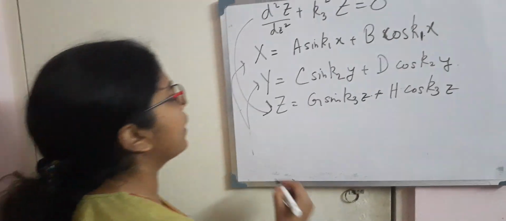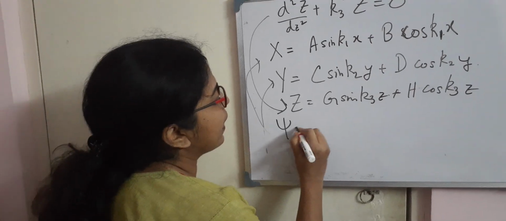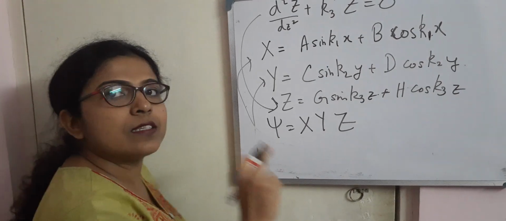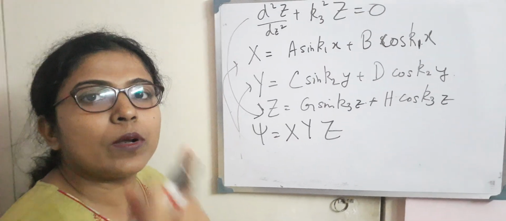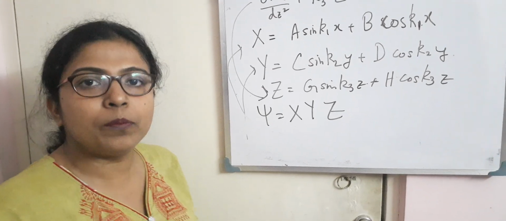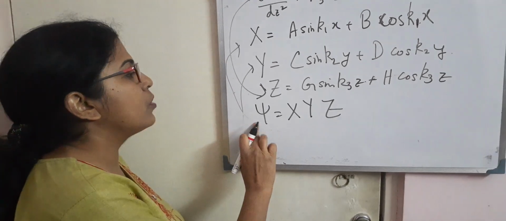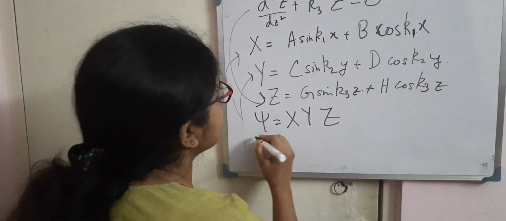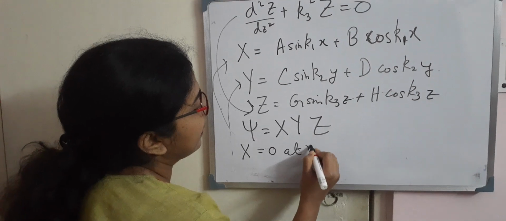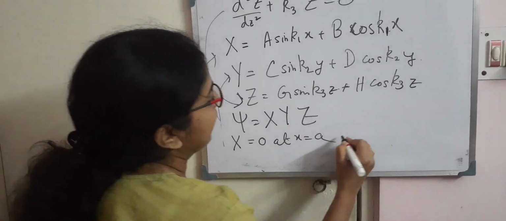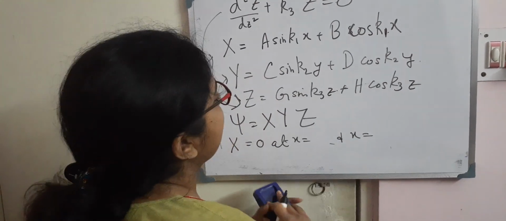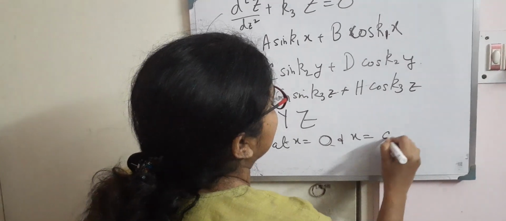I have taken psi as a product of these three functions X, Y, Z. So if psi is 0 at the boundaries, that is at x equal to 0, y equal to 0, z equal to 0, and at x equal to a, y equal to b, and z equal to c, I can write separately that the function X is 0 at x equal to 0 and x equal to a.